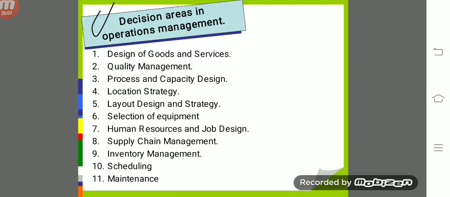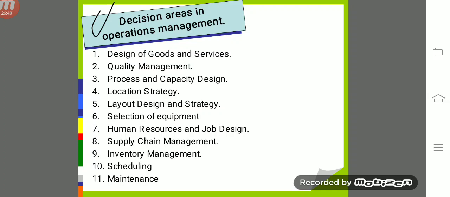So it is the responsibility of the operation manager to design the goods and the services, how to deliver a particular product and how to provide the services in a particular way. This is the decision area, one type of role of the production and operation manager.